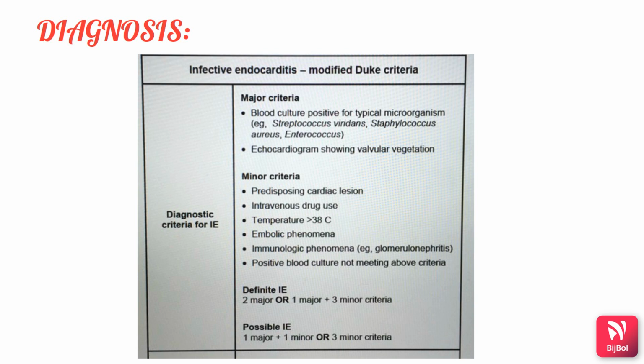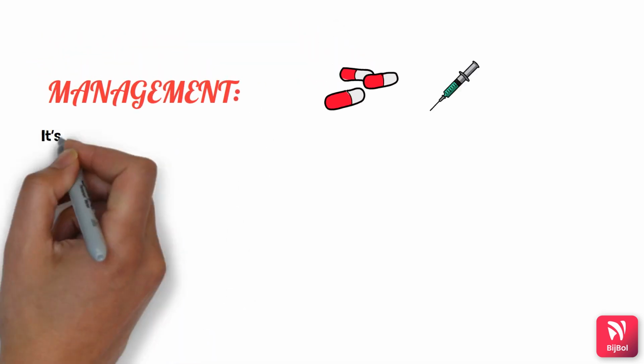Whenever there is 2 major or 1 major and 3 minor or 5 minor criteria, it is suggestive of definitive endocarditis. But whenever there is 1 major and 1 minor or just 3 minor criteria, it is suggestive of possible endocarditis. So how do we treat infective endocarditis?